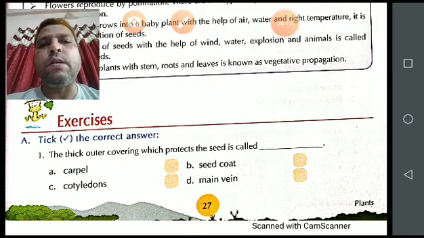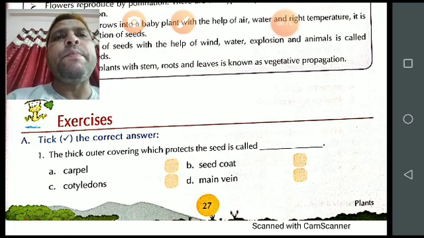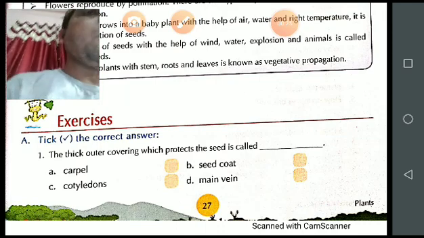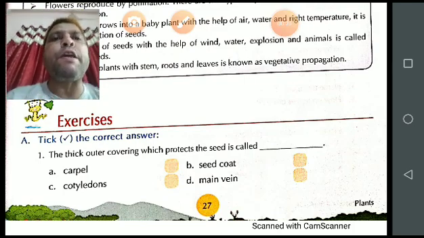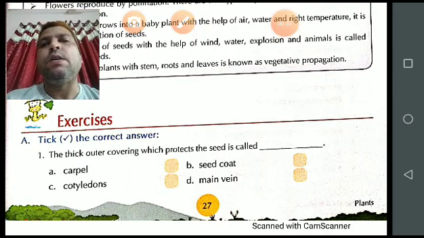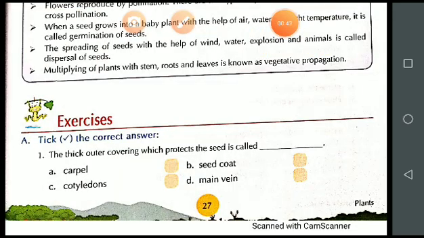After completing the chapter, the topics which I explained to you are parts of a plant, types of roots, function of roots, stem and the function of stem, classification of plants, leaves, function of a leaf, flower, parts of a flower, then pollination, seed, structure of a seed, germination of a seed, dispersal of seeds and vegetative propagation.